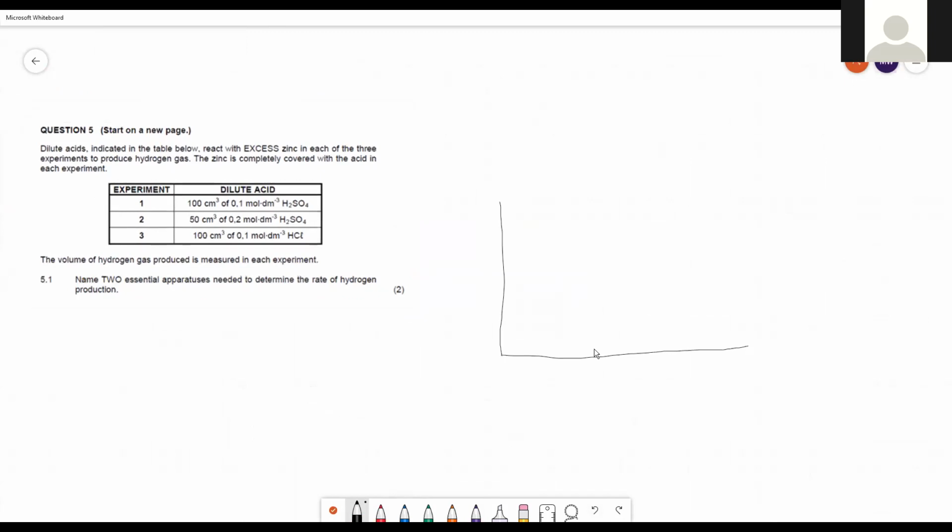So if this was the graph, and that was experiment 1, and then you had your T1 and your T2 and your T3. And now they're asking us to draw in experiments 2 and 3 as well.